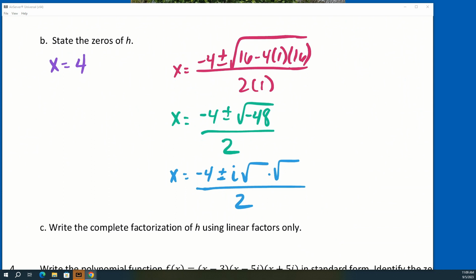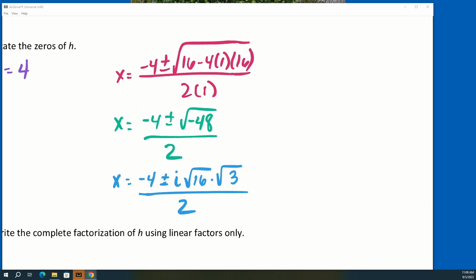The largest. Simone's whispering 16. 48 is 16 times 3. Okay, and then we're going to take the square root of 16 and get 4, so that's plus or minus 4i square root of 3 over 2.